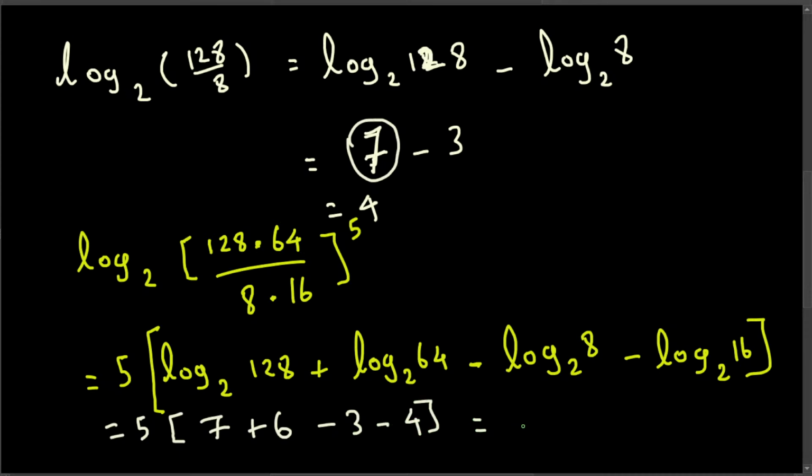If you simplify this, 5 times 7 plus 6 is 13, 13 minus 3 is 10, 10 minus 4 is 6, 5 times 6 is 30. That's our final answer.